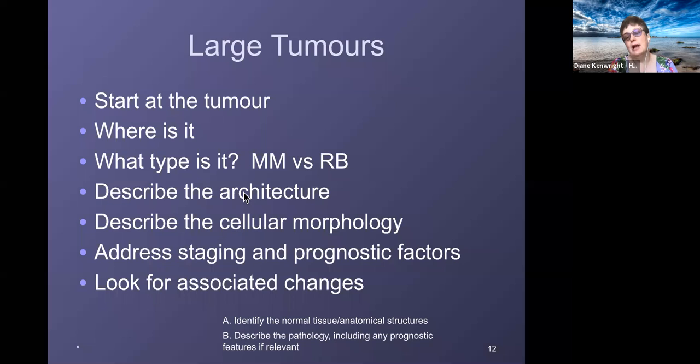And then we describe something called the architecture and the cellular morphology. So the architecture describes how the cells relate to one another. I'm sitting here looking at a tiled driveway out my window, and the architecture is kind of how the cells tile together. So they could stream in long fascicles, or they could form a sheet.